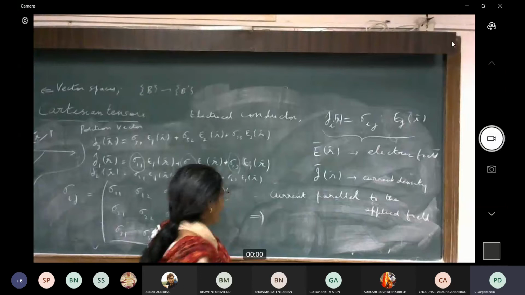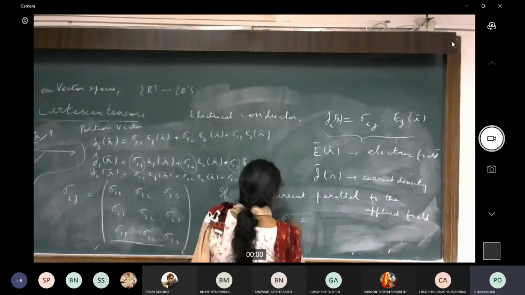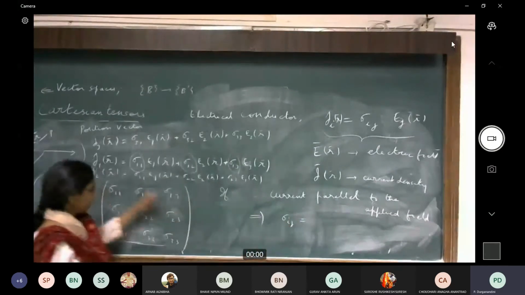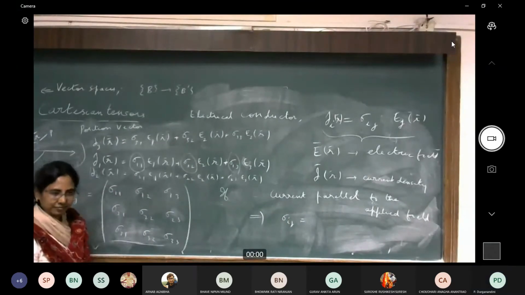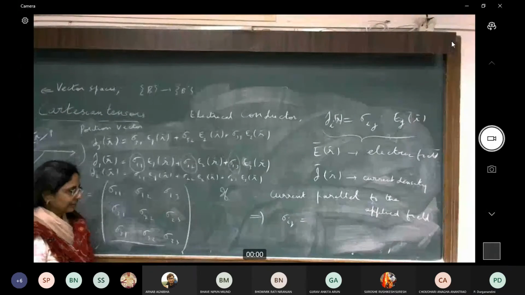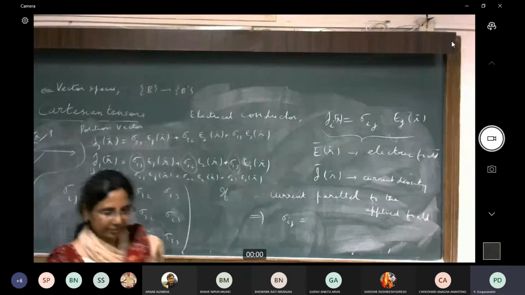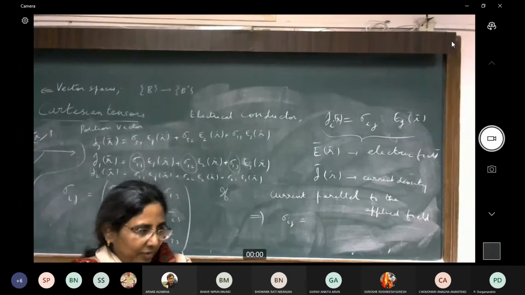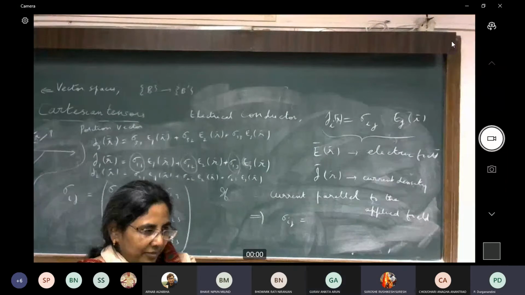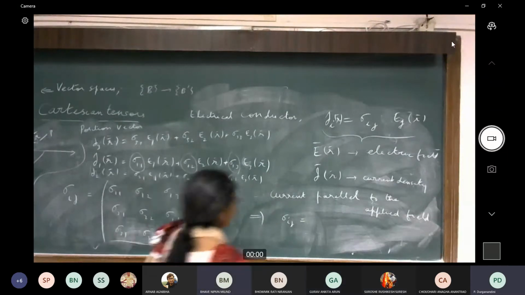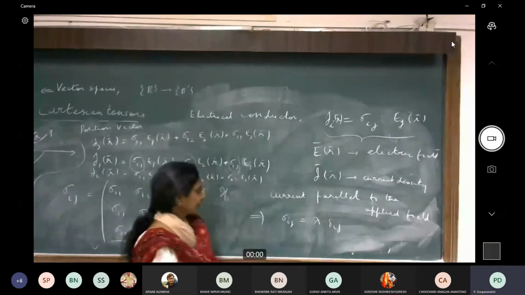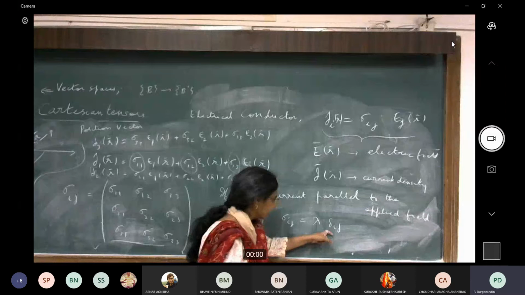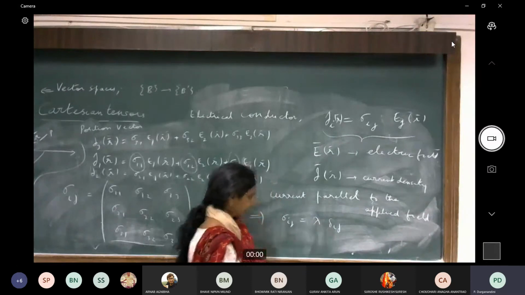Okay, so if it's diagonal, this is an object with 9 components, and if it has to be diagonal, then how should I write the sigma ij, using whatever we know earlier? Some scalar times delta ij. So I can simply write this as some lambda times delta ij. So for an isotropic conductor, I will get sigma ij equal to lambda times delta ij.